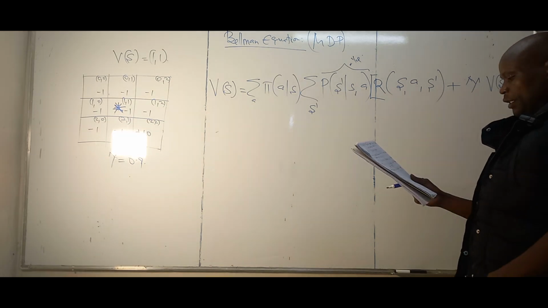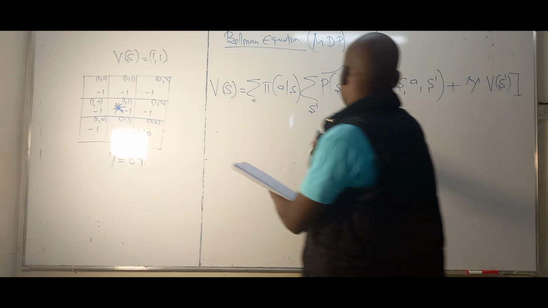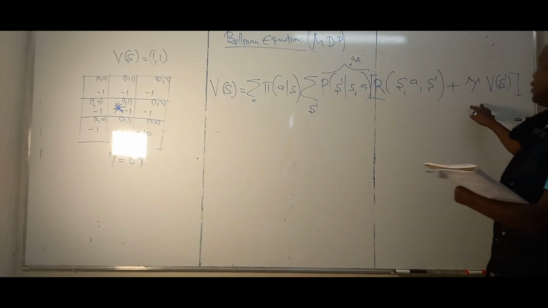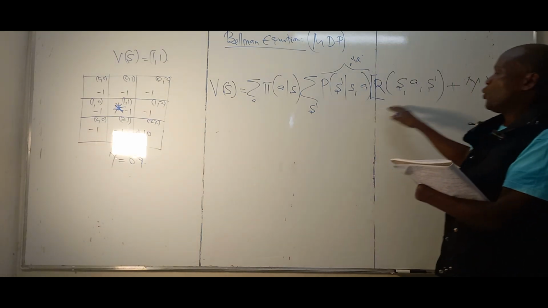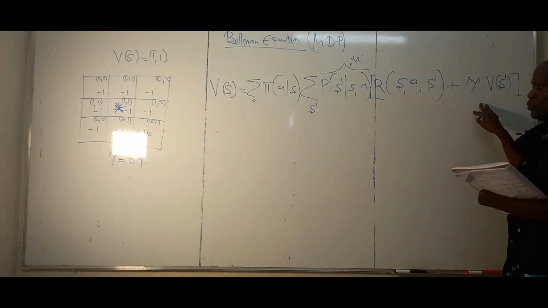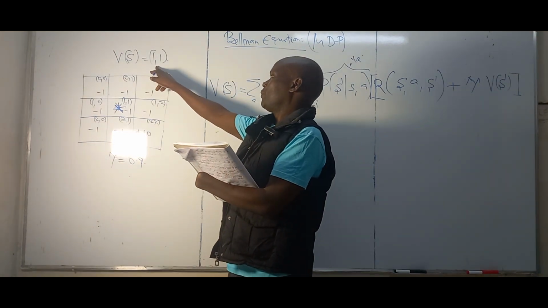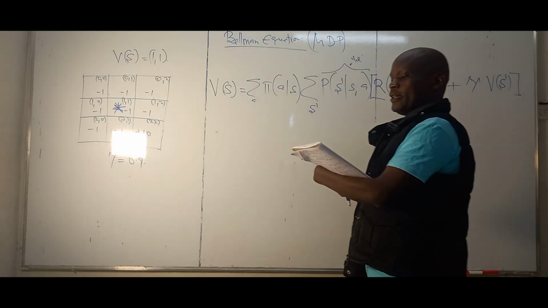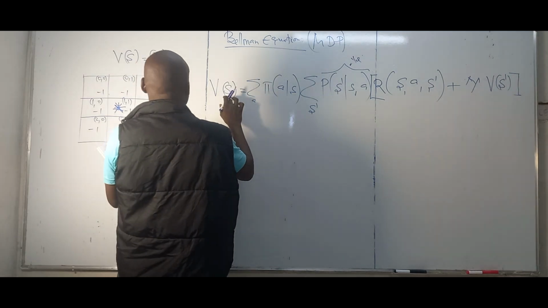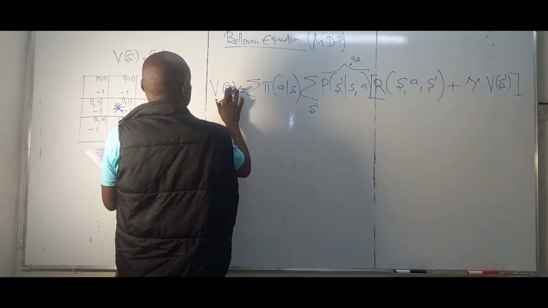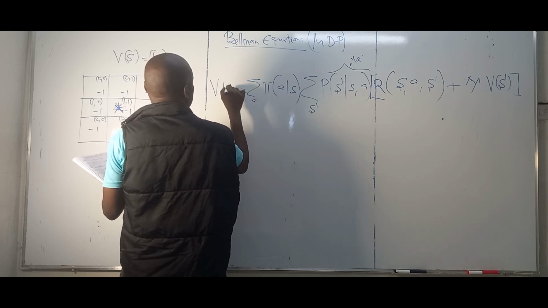And so for the immediate reward, we want to change this, the general Bellman equation, into something specific to our problem. What I can change here is, instead of writing S, let me be specific and call it 1,1.